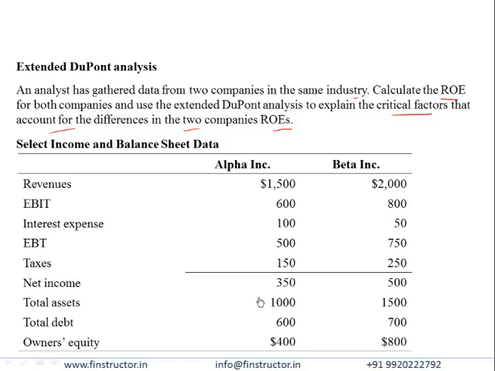So the entire income statement and relevant metrics are given for both Alpha and Beta Incorporated. We first need the net income upon the earnings before tax.